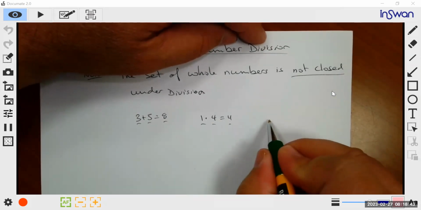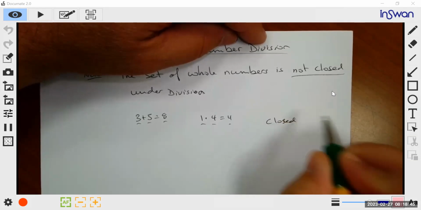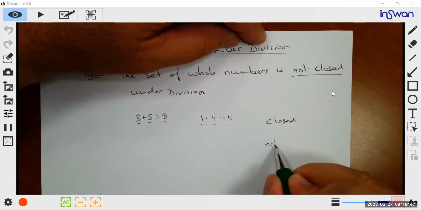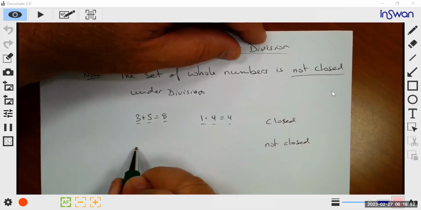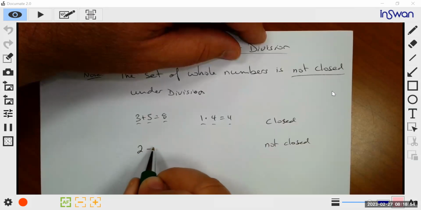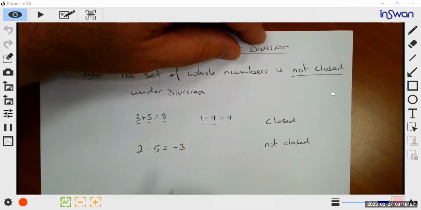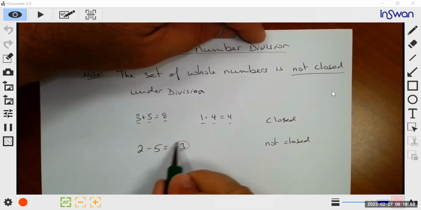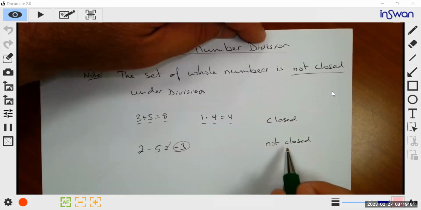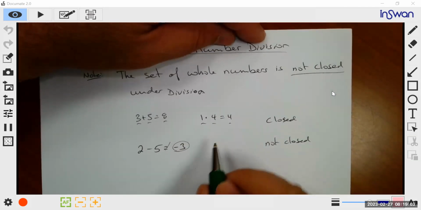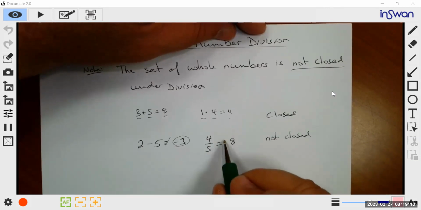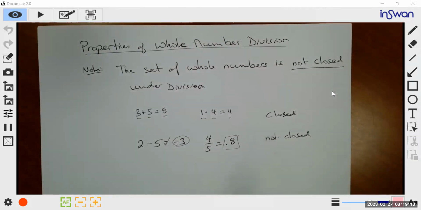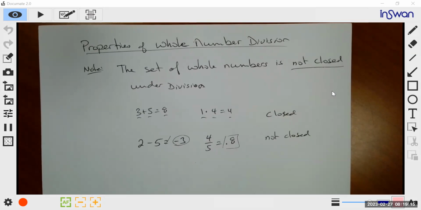Addition and multiplication are closed. Subtraction isn't. 2 minus 5 equals -3. -3 is not a whole number, so it's not closed. Division: 4 divided by 5 is 0.8. 0.8 is not a whole number, so it's not closed. So that's what we're looking at.